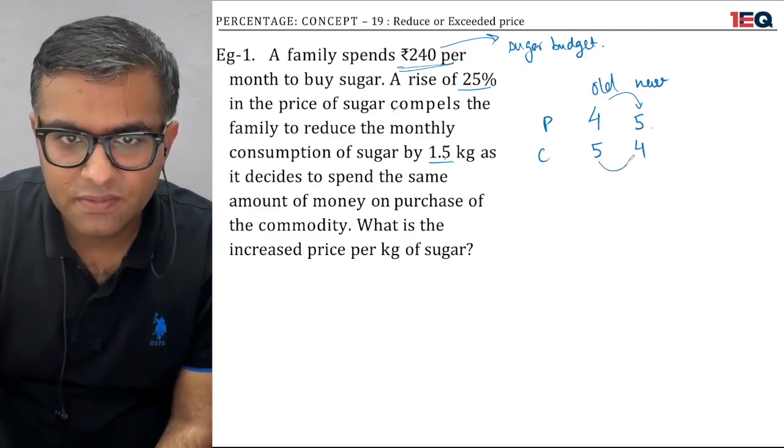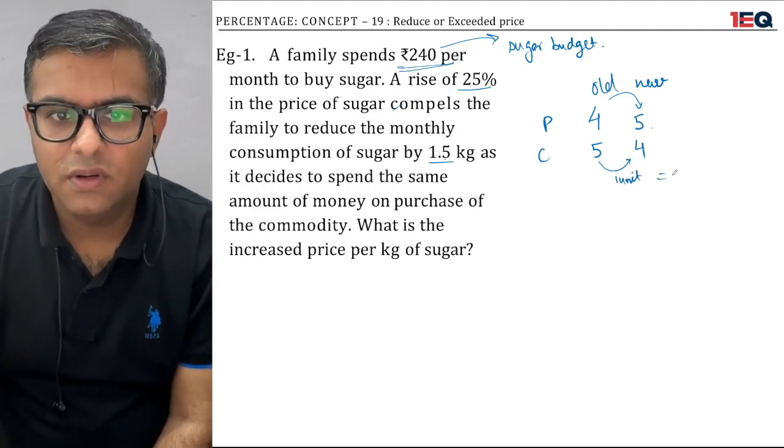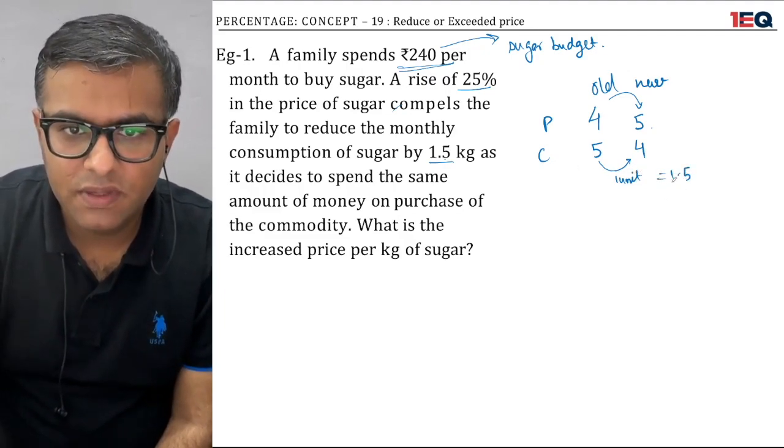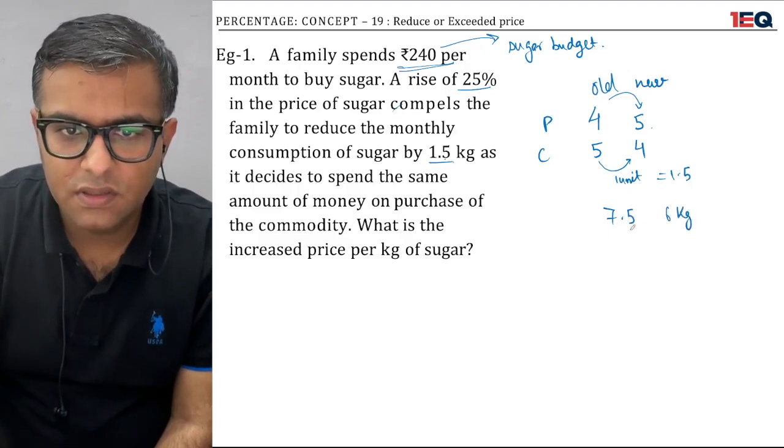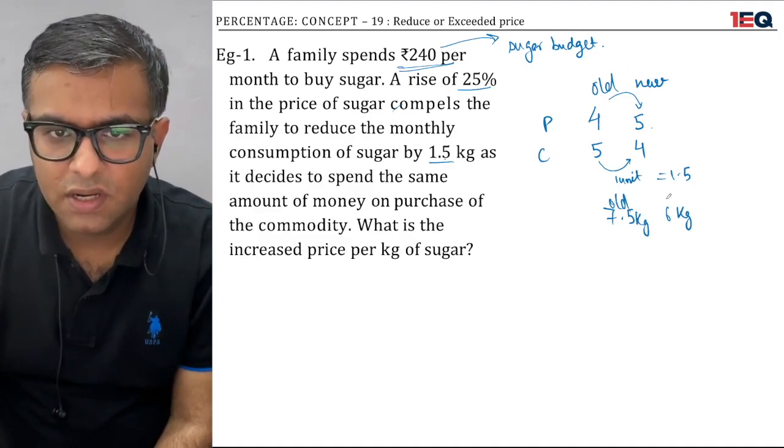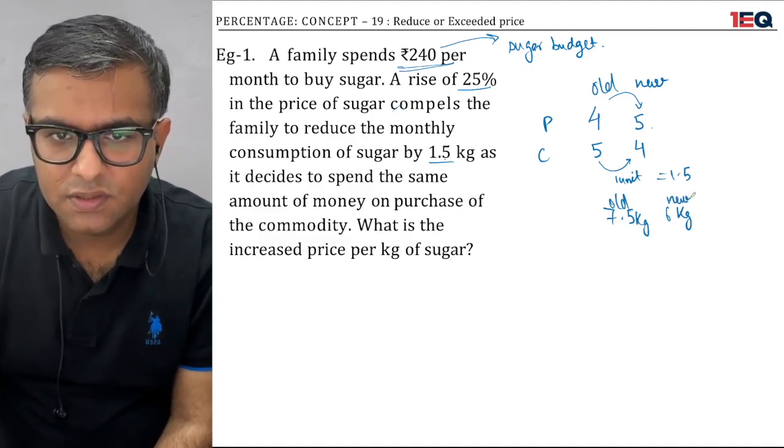Here the family is being compelled to reduce 1 unit. The value of 1 unit is 1.5 kgs. So it means it was consuming 7.5 kgs of sugar per month in the past, but now it is only consuming 6 kgs. Okay, 7.5 is the old sugar consumption and 6 kgs is the new sugar consumption.